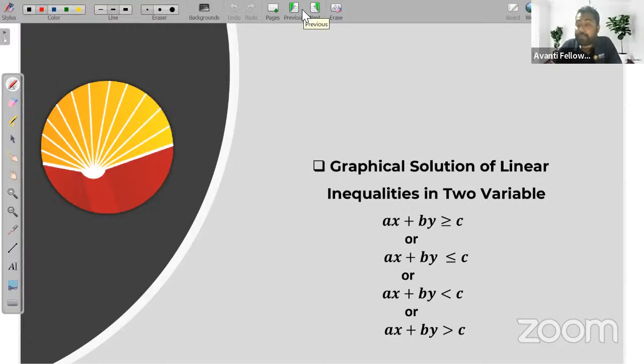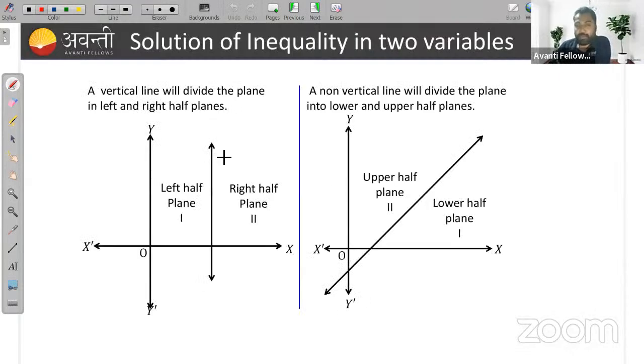Graphical solution of linear inequality in two variables. है ना? How can you solve a linear inequality with two variables graphically? Let's see. First, you know these things, na? When you draw a vertical line parallel to the y-axis, this portion is called the right half plane and this portion is called the left half plane, है ना.